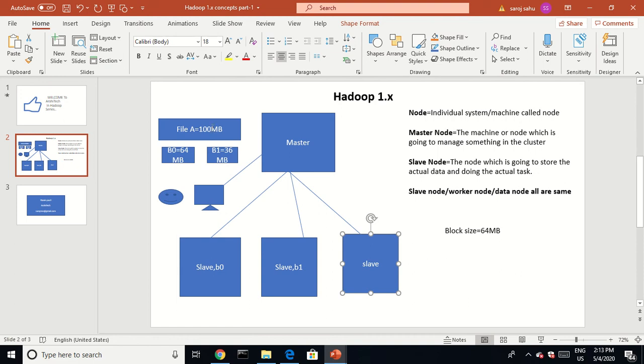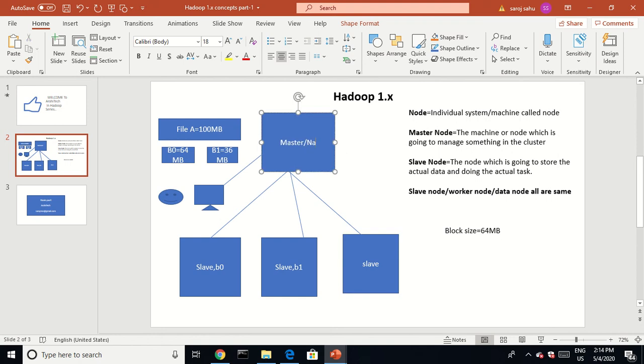Now I have collected data from different data sources. Here I have taken an example file A having 100 MB, maybe temperature recorded data or something like that. This data can be distributed across the different data nodes, or slave machines. The master machine in Hadoop technology is called the name node.